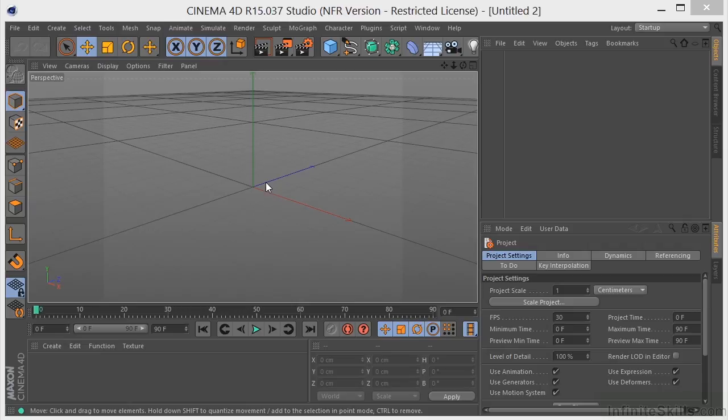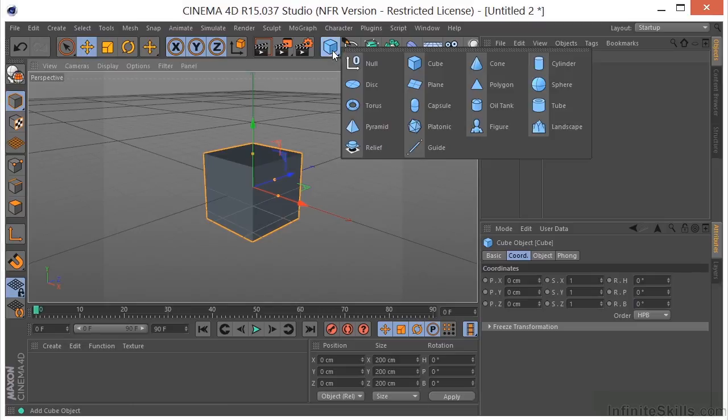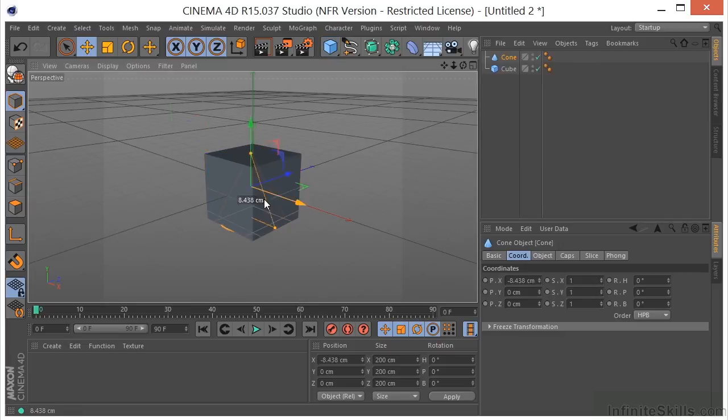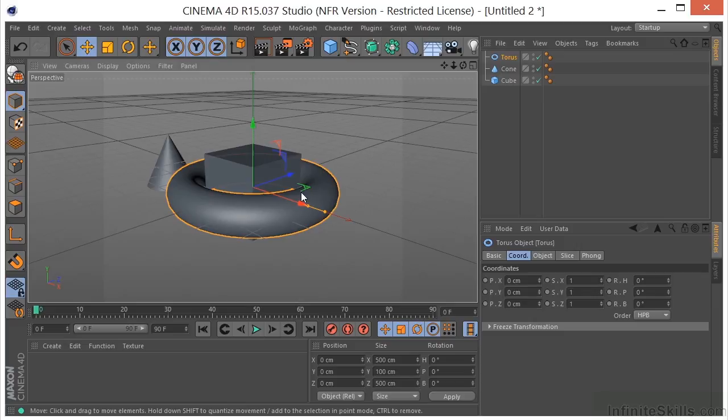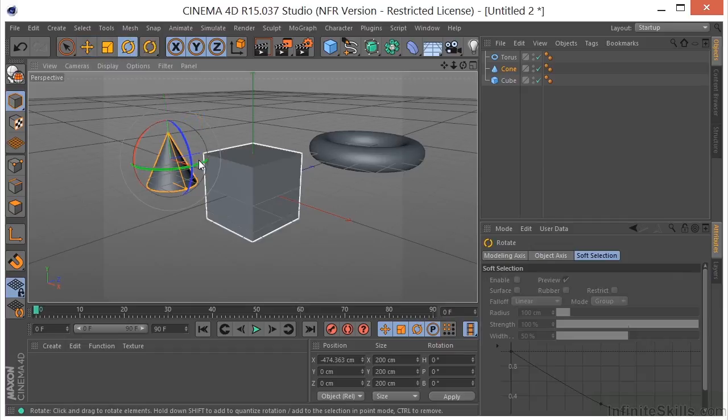In addition to world coordinates, we have what is called object coordinates. And this is basically just the local coordinate system of an object. So each object has its own coordinate system. So if I put a few objects in here and we can just take a look, we can see that when we select them, they have their own coordinate system.